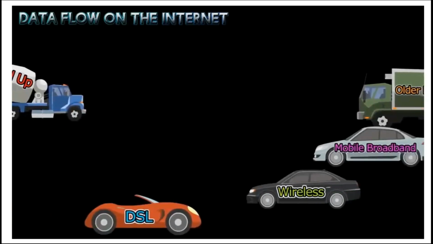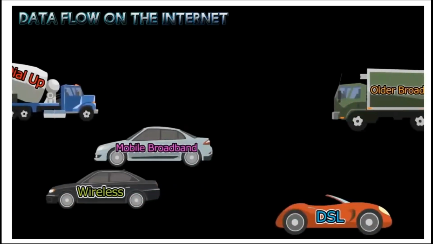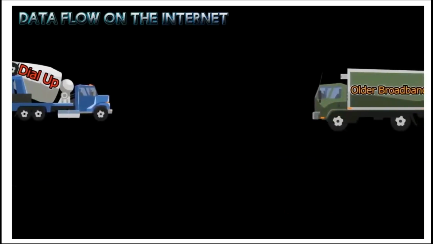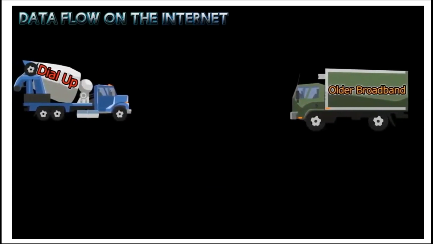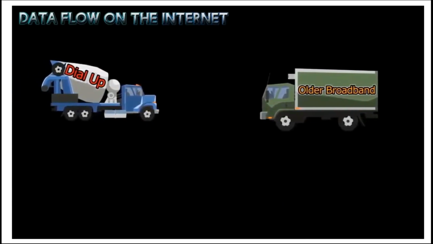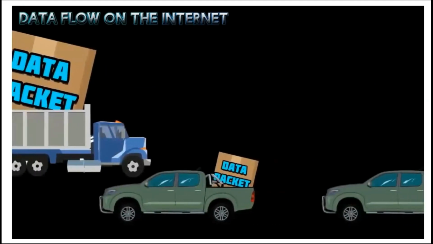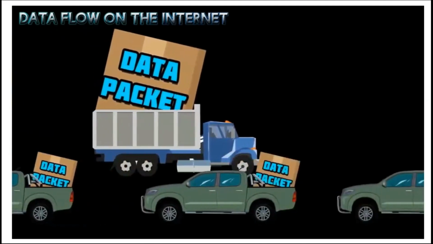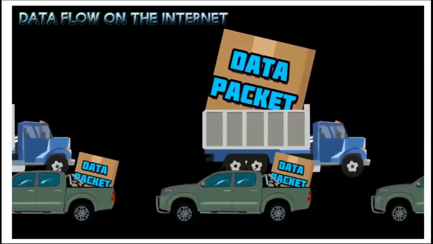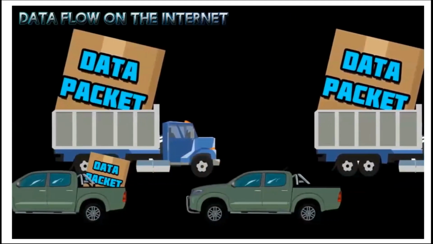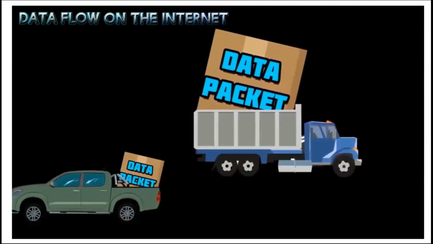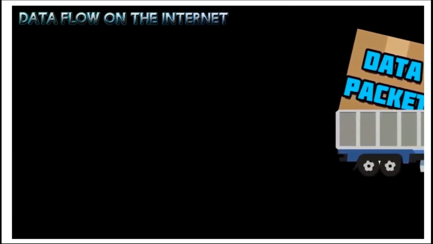High-speed connections like DSL, wireless, and mobile broadband allow data packets to travel at faster speeds than slower connections like dial-up and older broadband. The speed at which your data packets travel is also dependent on the size of the data packets. Just like large trucks take longer to get up to speed and may travel at a slower speed, larger data packets travel more slowly and take longer to reach their destination.